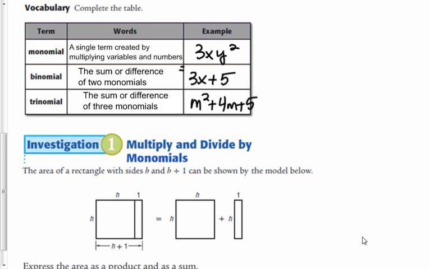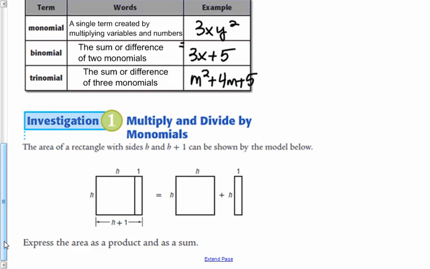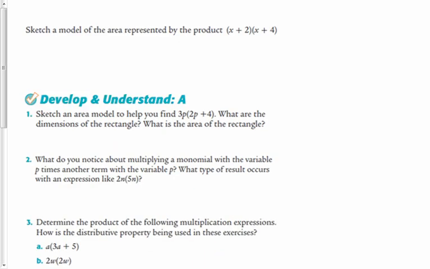Now we're going to talk about how you multiply and divide monomials. I'm going to go to the next page here. It says, sketch a model of the area represented by the product x plus 2 times the quantity x plus 4, just so you get used to this. x squared would just look like this.